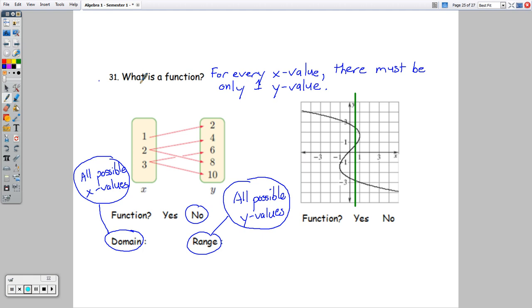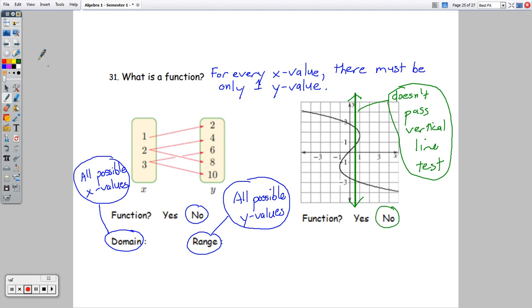So this one, because it does not pass the vertical line test, it is not a function. And in other words, for every x value, sometimes there is more than one y value, anywhere from this range from -1 to 1. That happens on this graph. So is this a function? No, it is not.